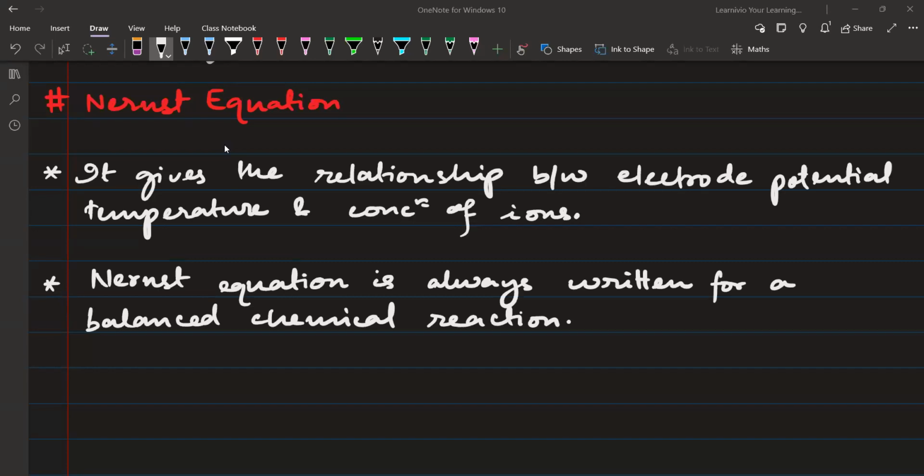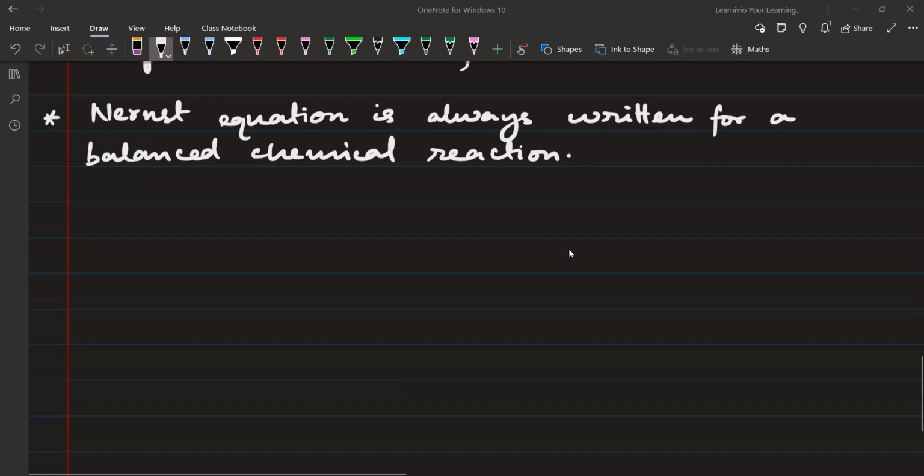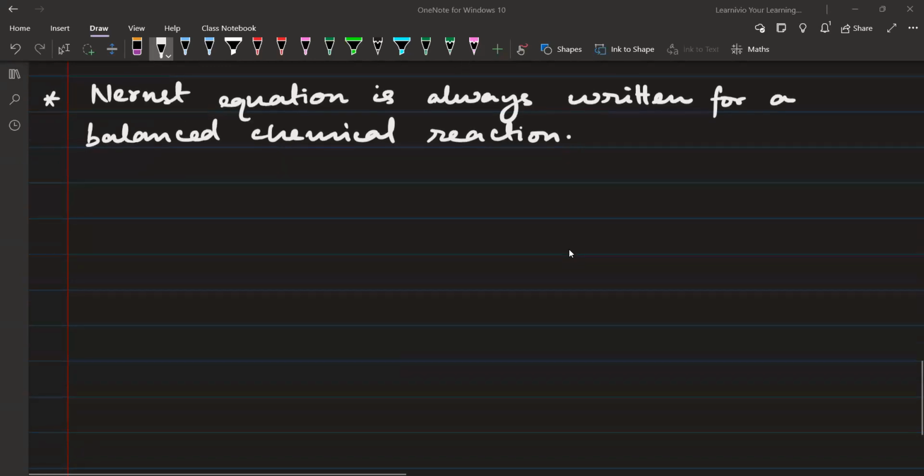Yes, Rishita, sorry, actually there is no light. That is why. Now, one thing you must always remember: you will write the Nernst equation only after writing a balanced chemical equation. For example, if I have the anode half cell, a cathode half cell.